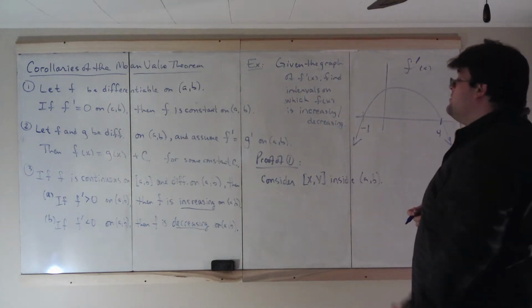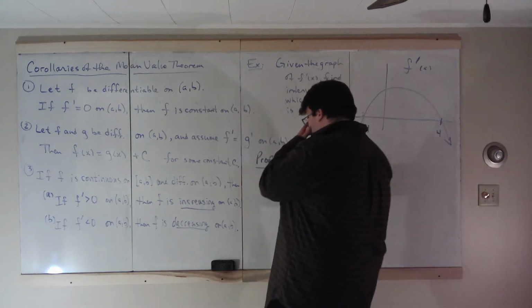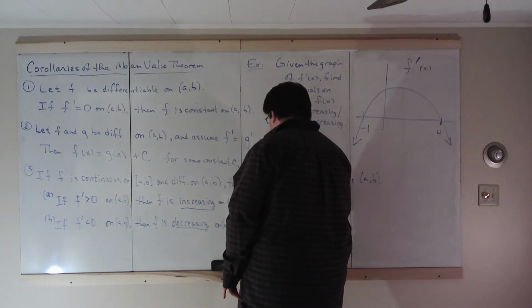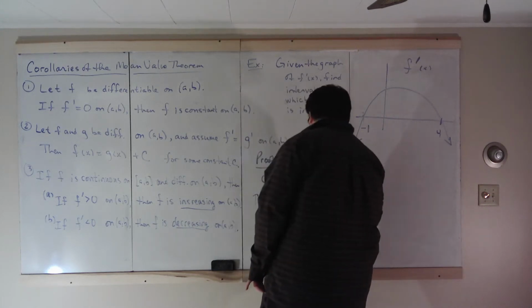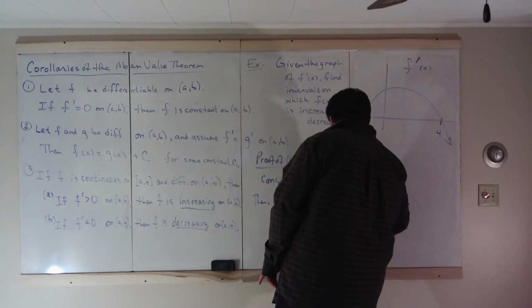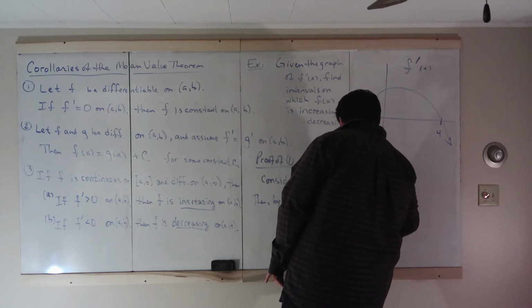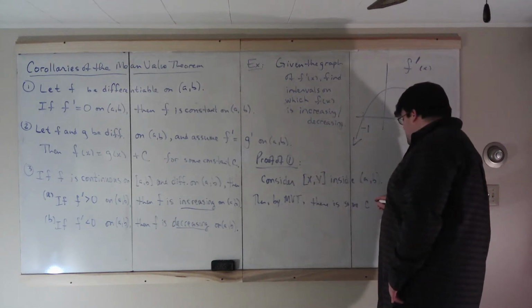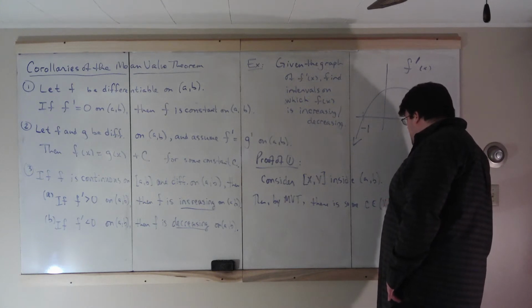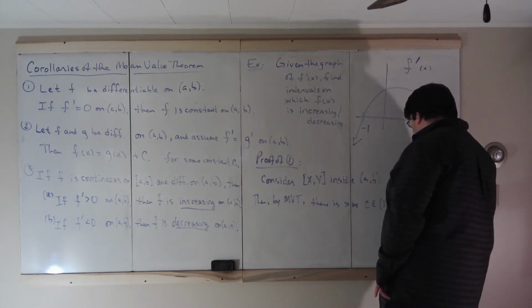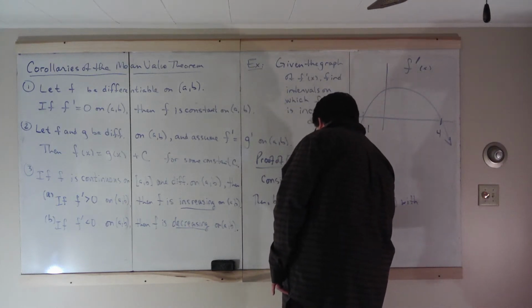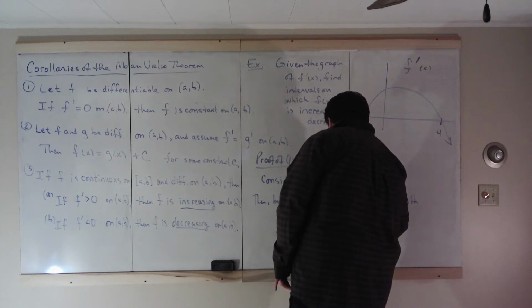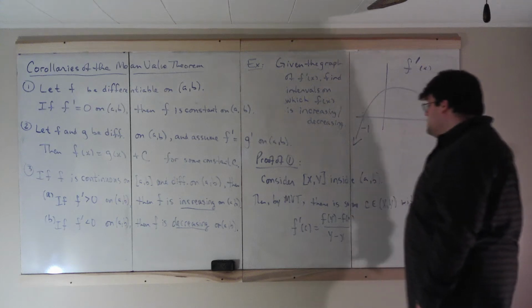Well, what can we conclude using the mean value theorem? By the mean value theorem, MVT, there is some c inside (x, y) with f prime of c equal to f of y minus f of x, all over y minus x.